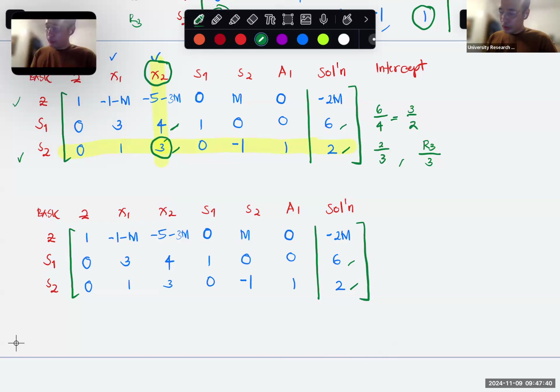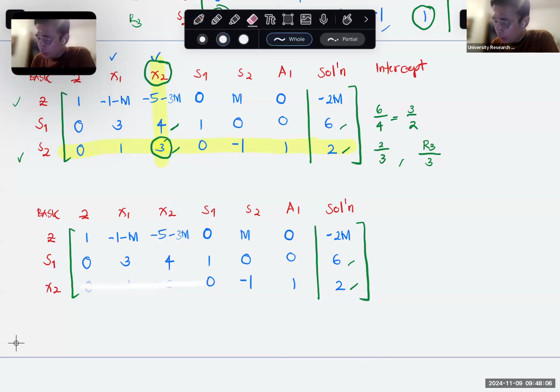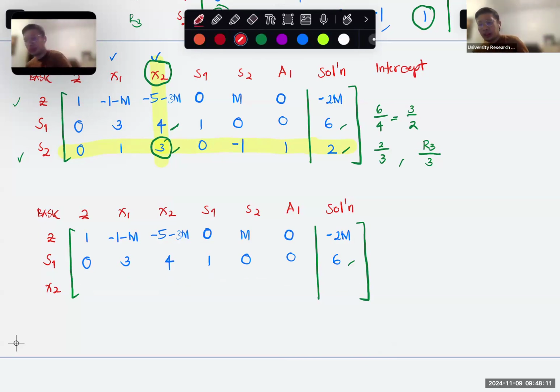So in here, the entering variable is x2, the leaving variable is s2, so therefore, this s2 will change. So it will now become the entering variable, which is x2. And then afterwards, since kailangan natin gawin 1 yung pivot element natin, we divide the entire row. So we divide the entire row by 3.